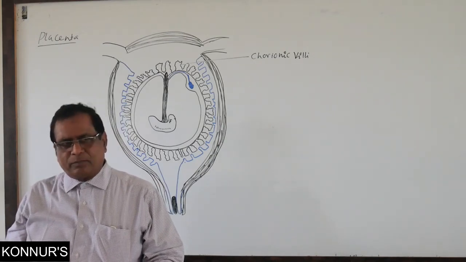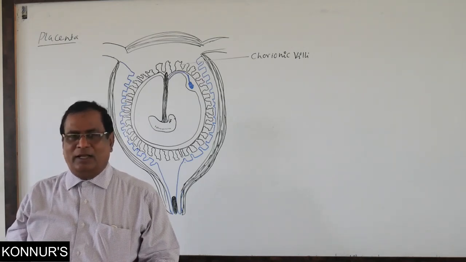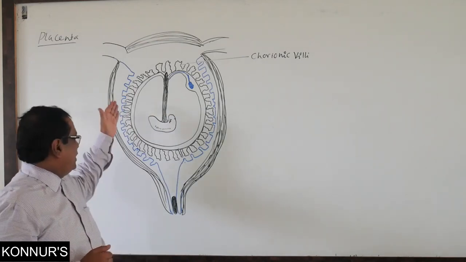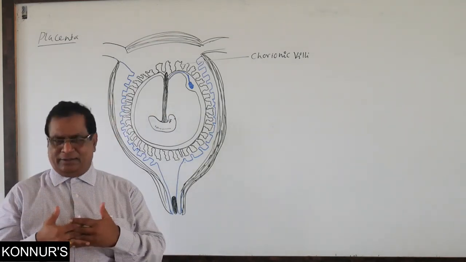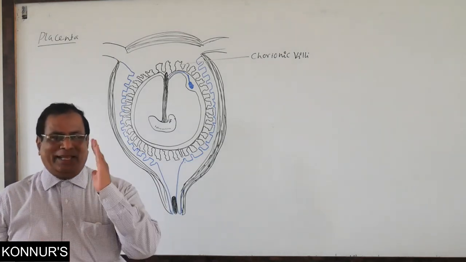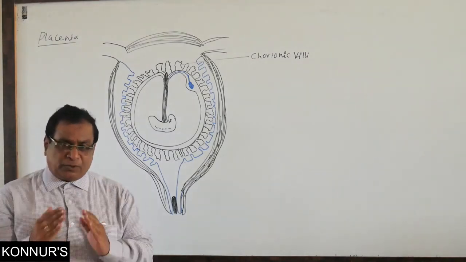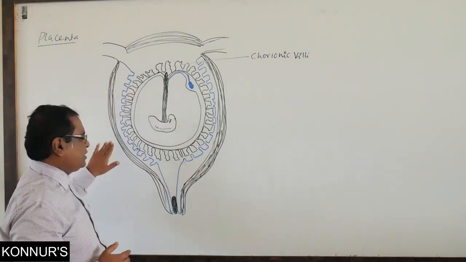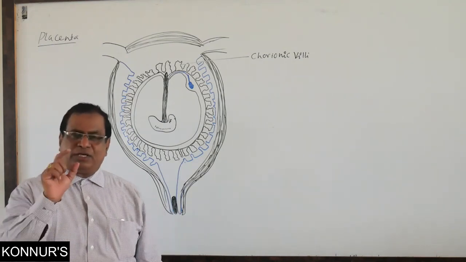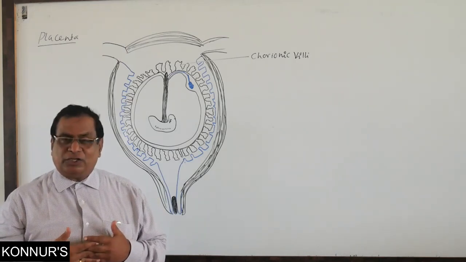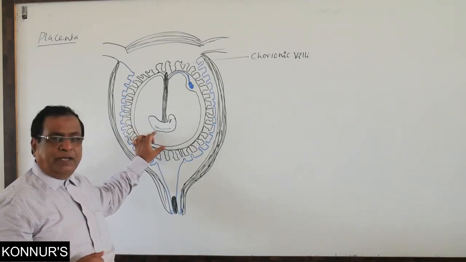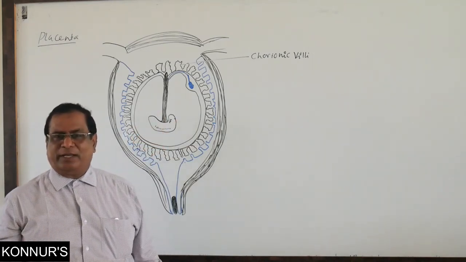Placenta is a structure formed when the chorionic villi of the embryo and the uterine tissue are interdigitated with each other, jointly forming a structural and functional unit between a developing embryo and the maternal body. That is said to be placenta.